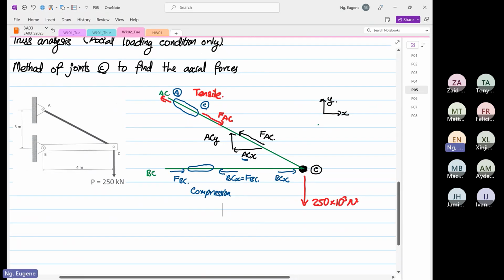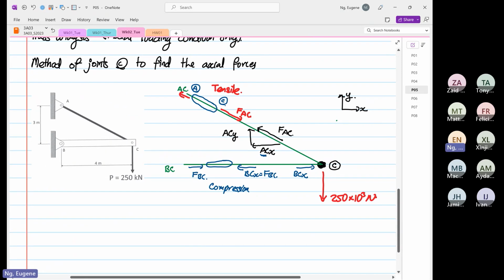So from here, we know that ACY. So we do summation of forces in the x direction is equal to 0. Oh, sorry, I'm going to do the y, sorry. So up is positive.